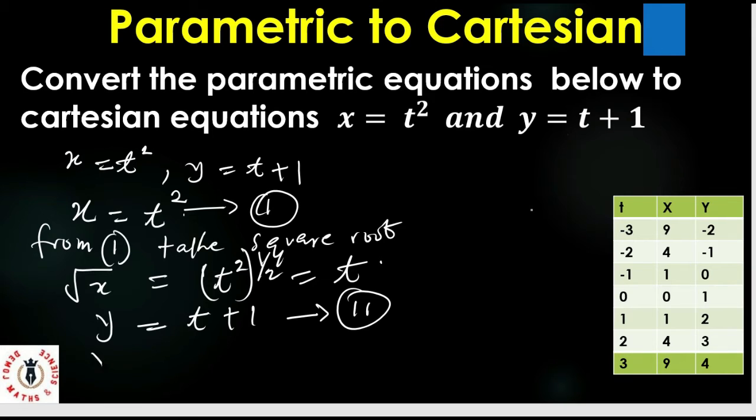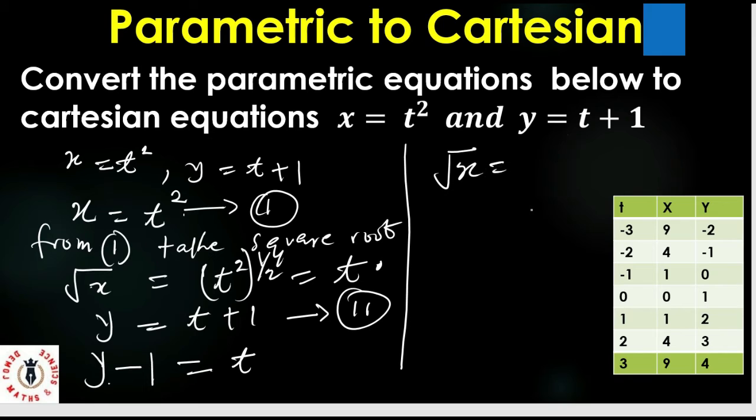From equation 2, I can subtract 1, or I can just move 1 to the other side. It becomes y minus 1 equals t. Obviously, t is equal to the square root of x, and t is equal to y minus 1. So I can conveniently conclude that the square root of x is the same thing as y minus 1, so that the square root of x plus 1 will be the same thing as y.